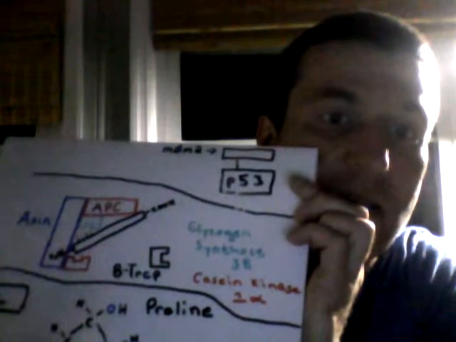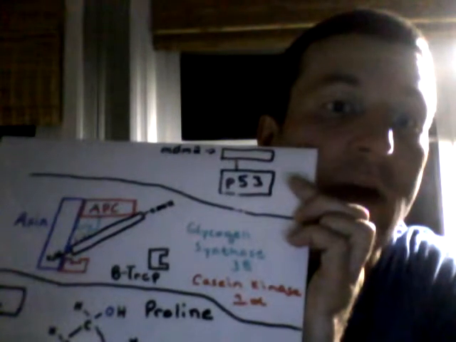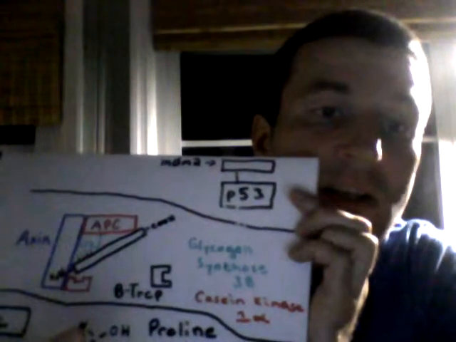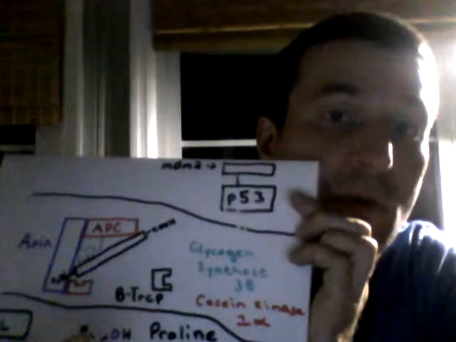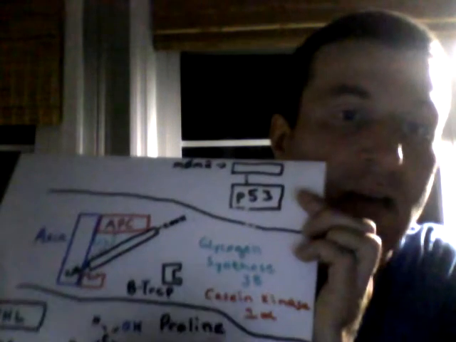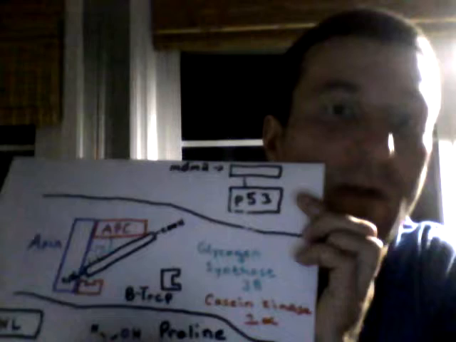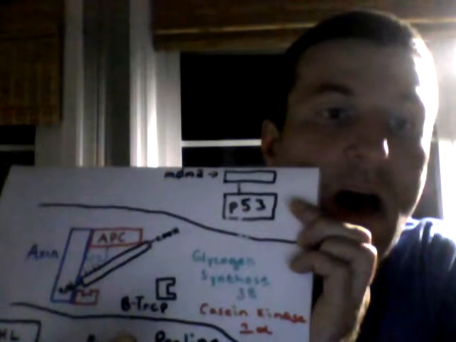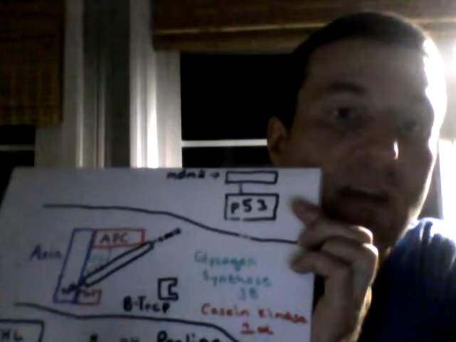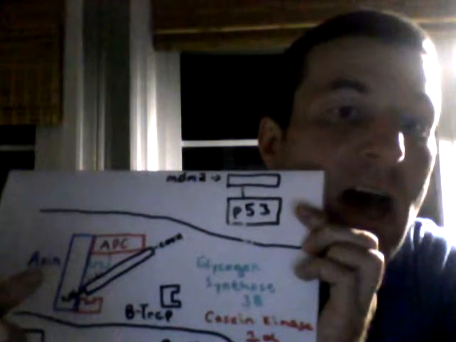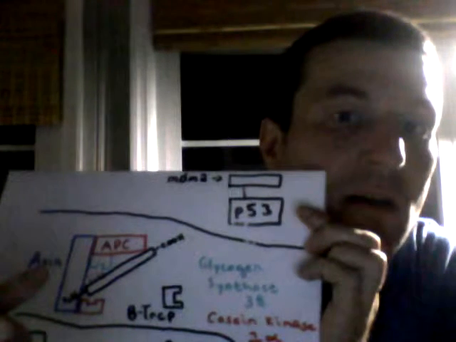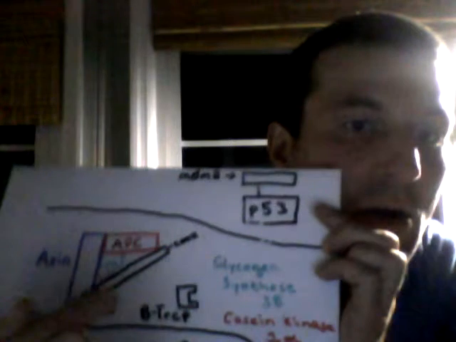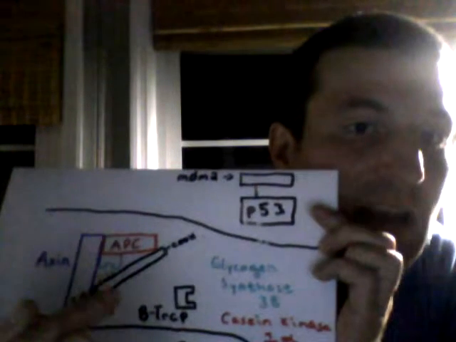And the first step is the casein kinase 1 alpha protein will add a phosphate group to a serine, actually at position 45, which means if you count up from the amino terminus, 45 amino acids in is a serine residue, and it'll add a phosphate group to it right there. That's the first step, and that'll excite the top kinase enzyme, glycogen synthase kinase 3 beta, which will phosphorylate all these three other ones downstream.